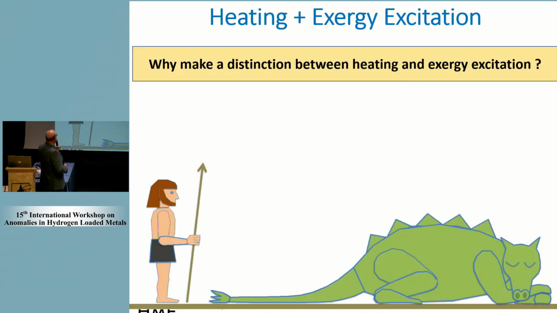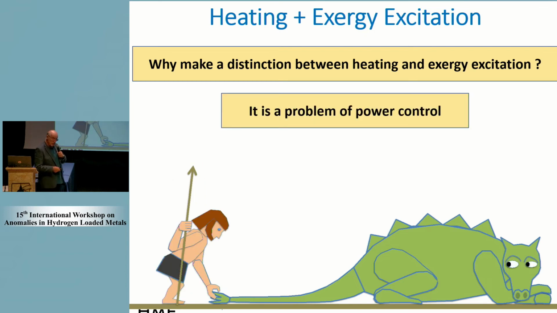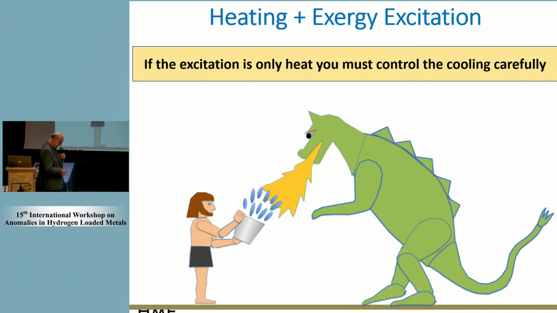And it has importance because if you have a system you operate simply by heating it up, preheating it slowly at the beginning, you have to make sure how to control the system, because it is the dragon's tail, and you have to make sure that you can control it. So you have to tame the dragon via proper cooling.